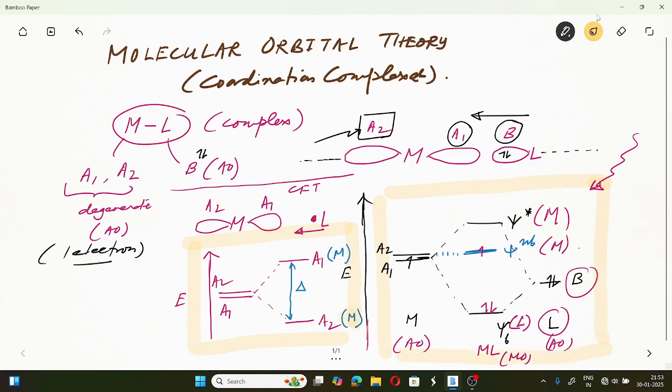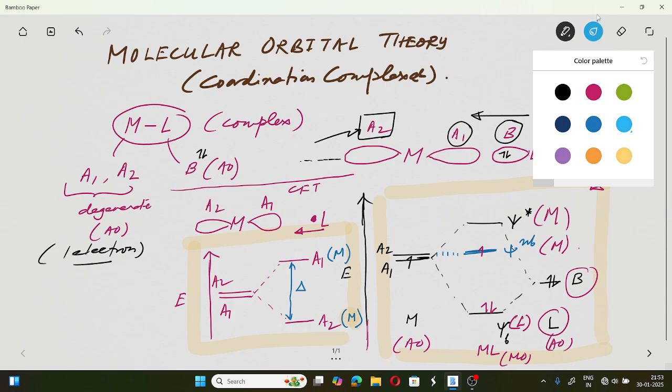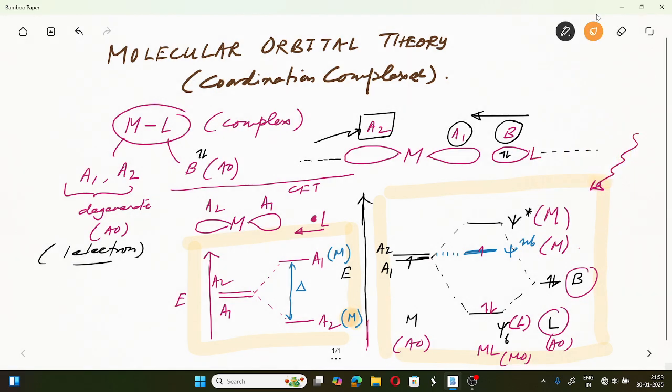This is the orbital of metal character. In the MO energy level diagram, these two are of metal character.